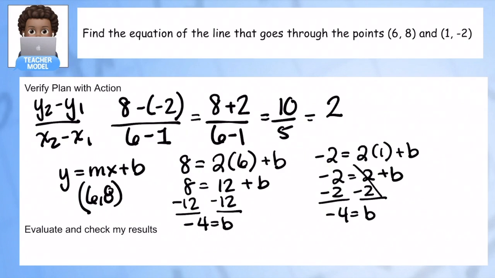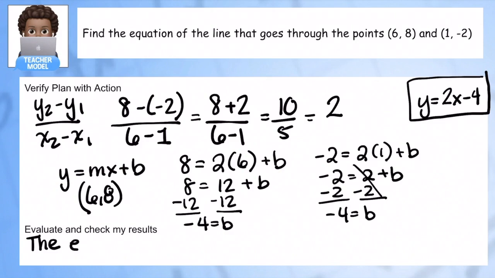So let's just substitute all of them in. y is equal to 2x minus 4. That is our equation. All right, so let's finish by signing off on the problem. Find the equation of a line that goes through the 2 points.